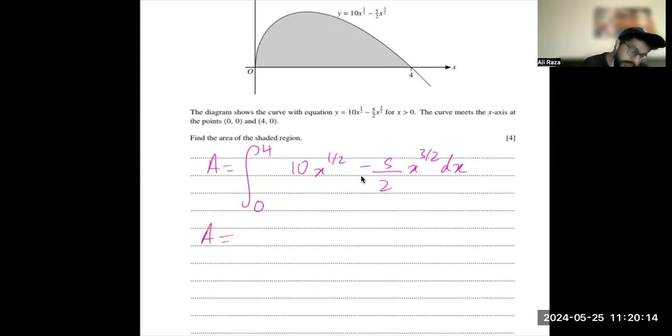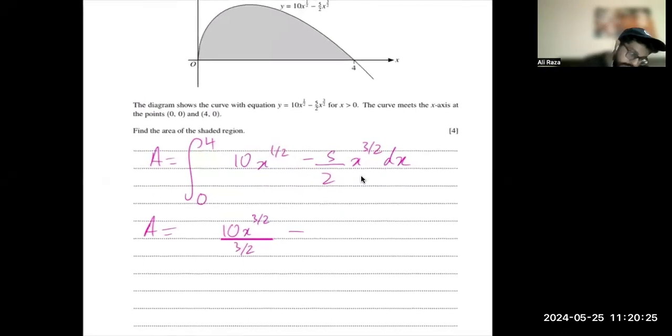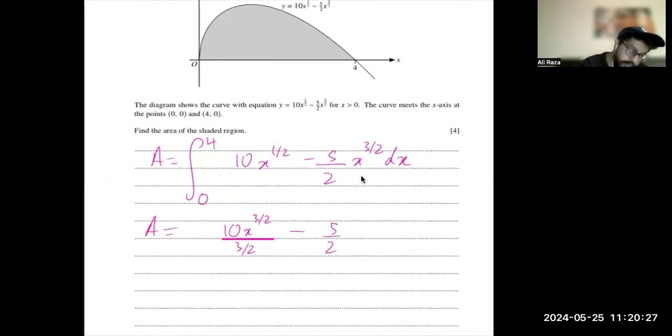To integrate, we'll add 1 to the power. This becomes 3 over 2, and we'll divide by the new power. We'll do the same thing here. We'll add 1 to the power. This becomes 5 over 2, and we'll divide by the new power.